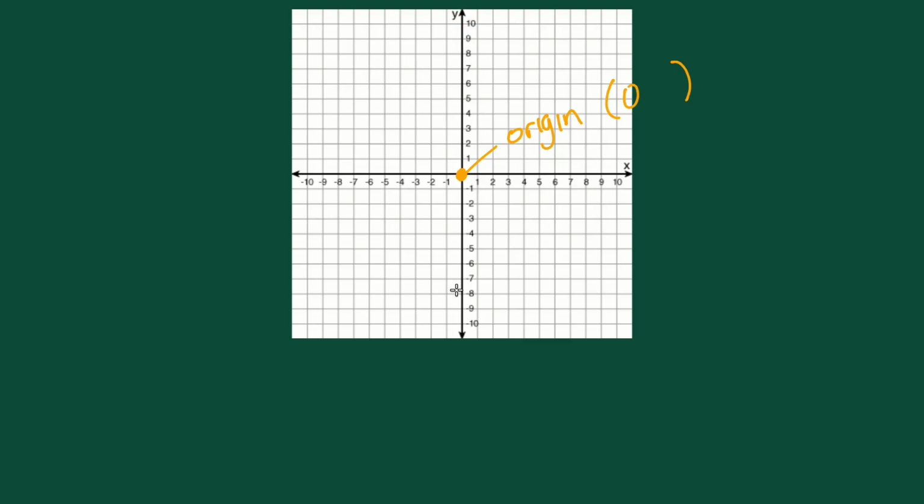And then where are we for the y? Also 0. So the coordinates of the origin are 0, 0. For the x values, anything to the right of the origin is positive, anything to the left is negative. For the y values, above the origin is positive, and below the origin is negative.